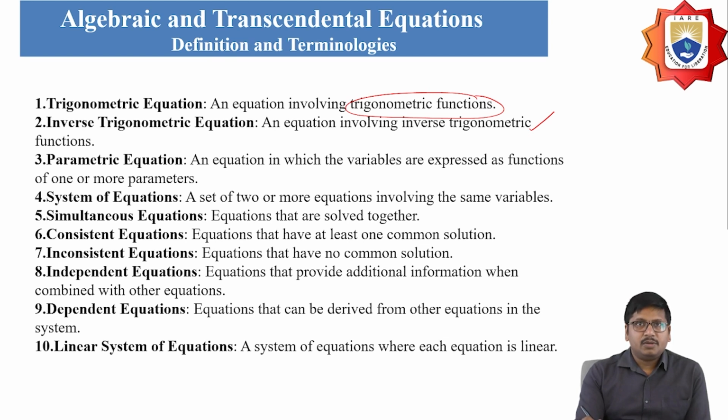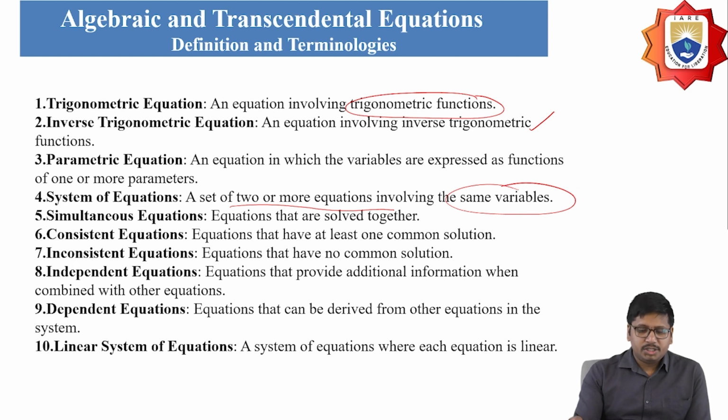And the parametric equation is an equation in which the variables are expressed as functions of one or more parameters. And system of equations is nothing but a set of equations involving the same variables.